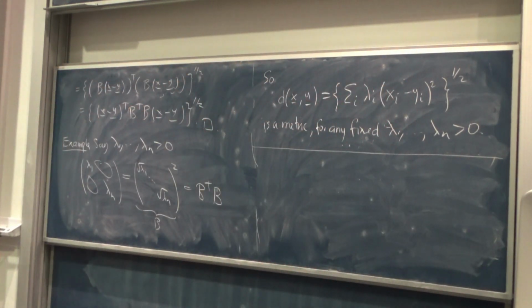Okay, so now the game we're going to play is to look at that formula and wonder, does this work more generally? So what kind of matrices P can we stick in the place of B transpose B and still get a metric?